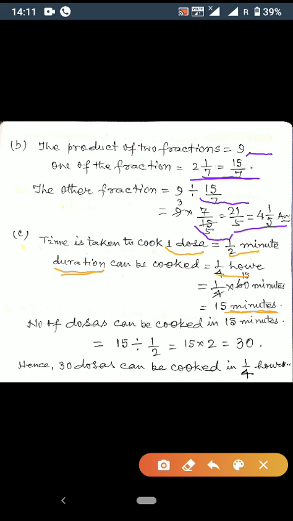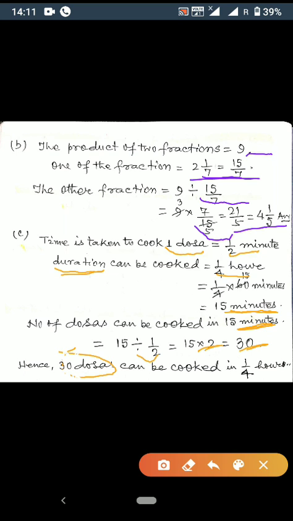So 1 by 4 multiply 60 minutes equal to 15 minutes. Number of dosas that can be cooked in 15 minutes equal to 15 divided by 1 by 2 equal to 15 multiply the reciprocal of 1 by 2, which is 2, so equal to 30. Hence 30 dosas can be cooked in 1 by 4 hour.